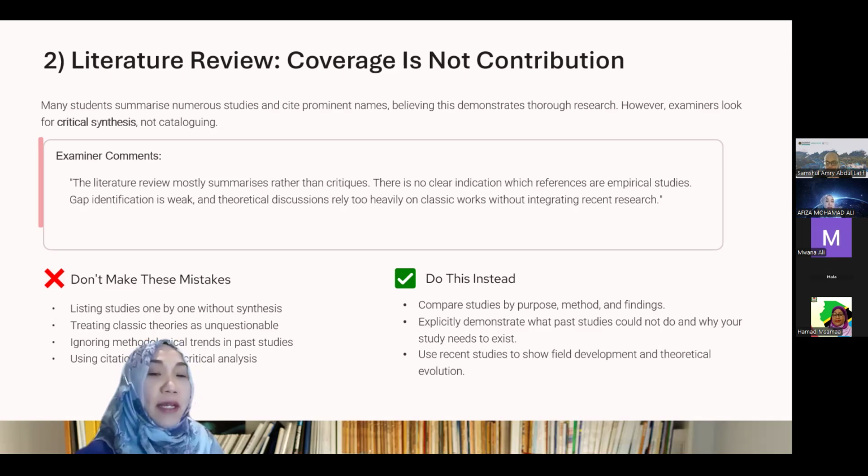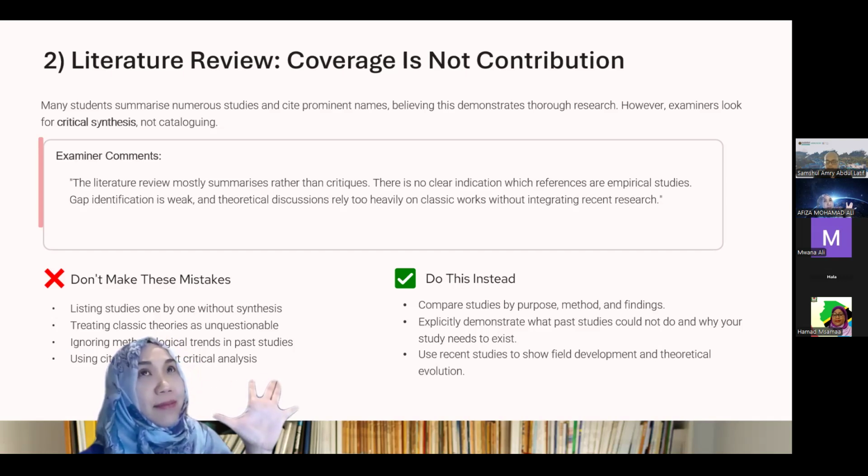Complete this sentence for me, guys. If your literature is strong, your research questions should... What's a good answer to that? Can Sam read from the chat box if there's anything? Clear, novel.